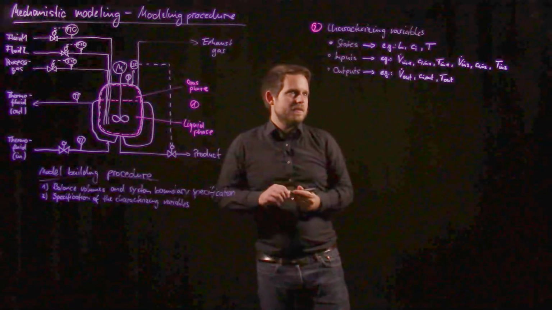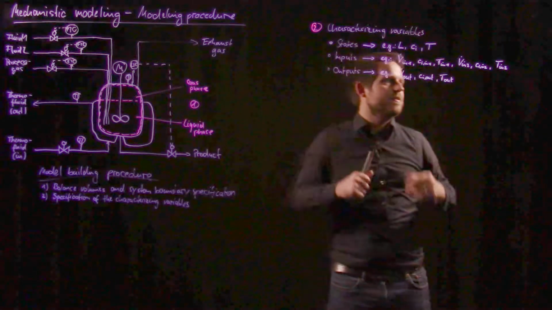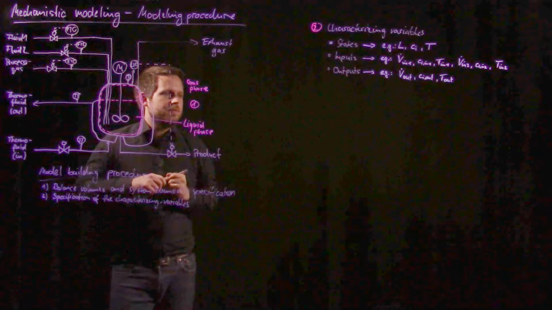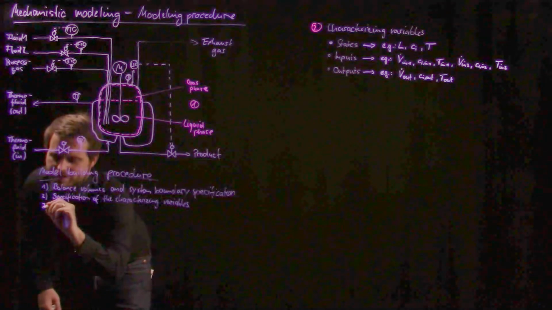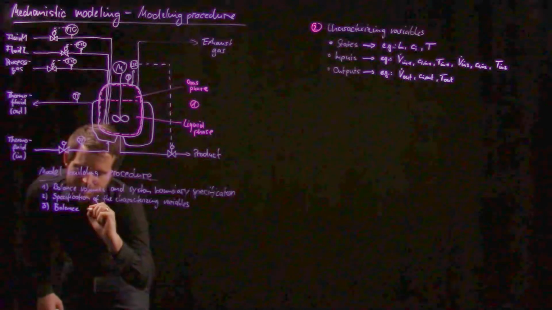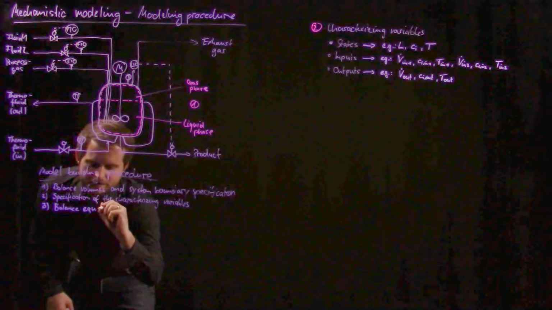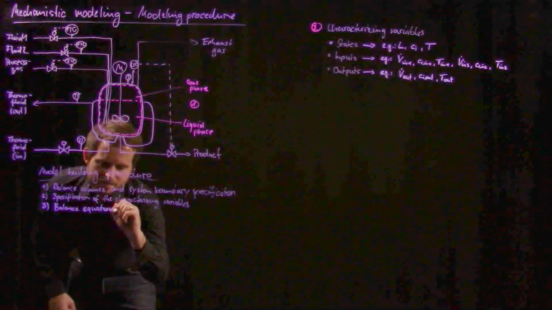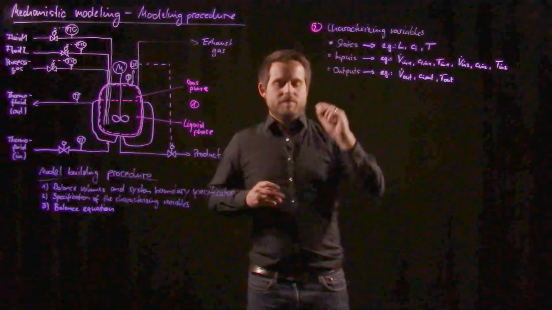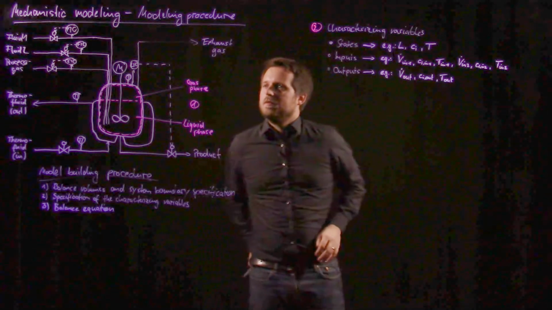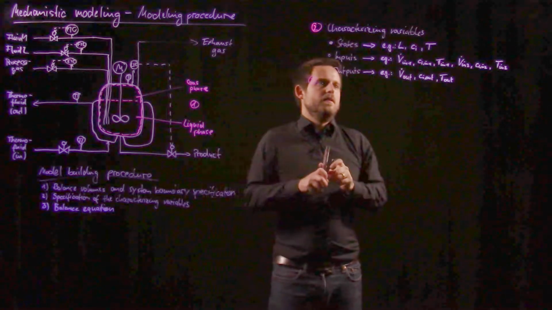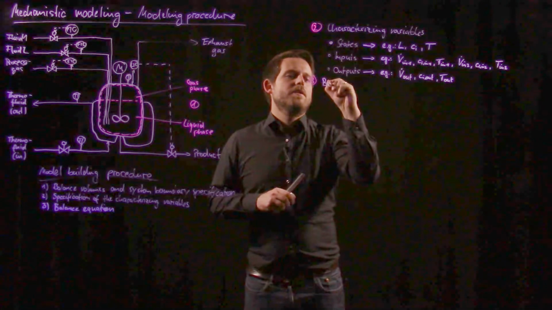So these are the characterizing variables of my system, and the next thing then I have to do is the balance equations. Okay, so that's then 3. Balance equations.